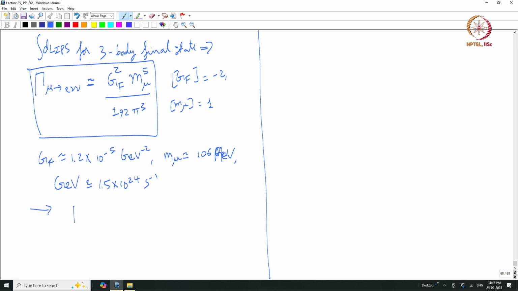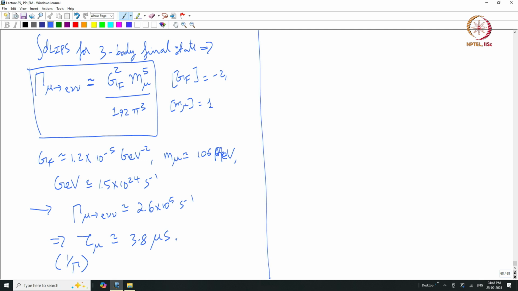Putting all this in, you are going to get the muon decay rate to be 2.6 times 10 to the power 5 inverse seconds. Said differently, the lifetime of the muon, which is basically 1 over the rate, you are going to get as 3.8 microseconds.